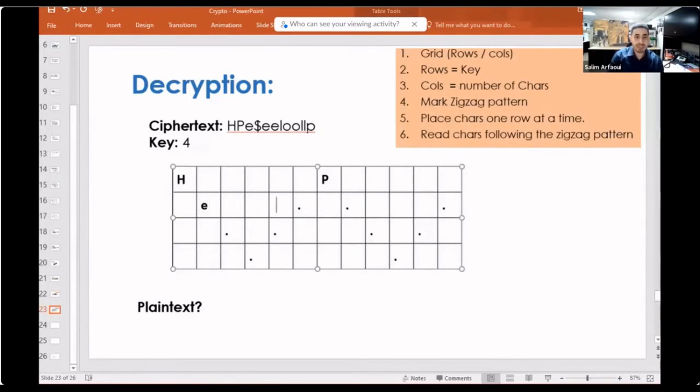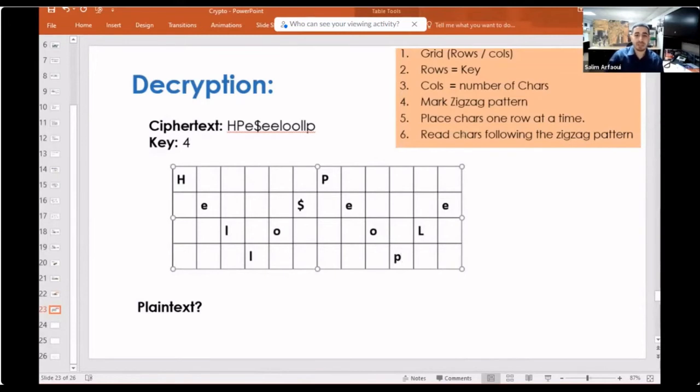So this is E, and then there's a $, and I think that is just to say that's a space character. This is E, and this is E. And then this is L, and this is O. This is O. This is L. And here we have L and P, right?